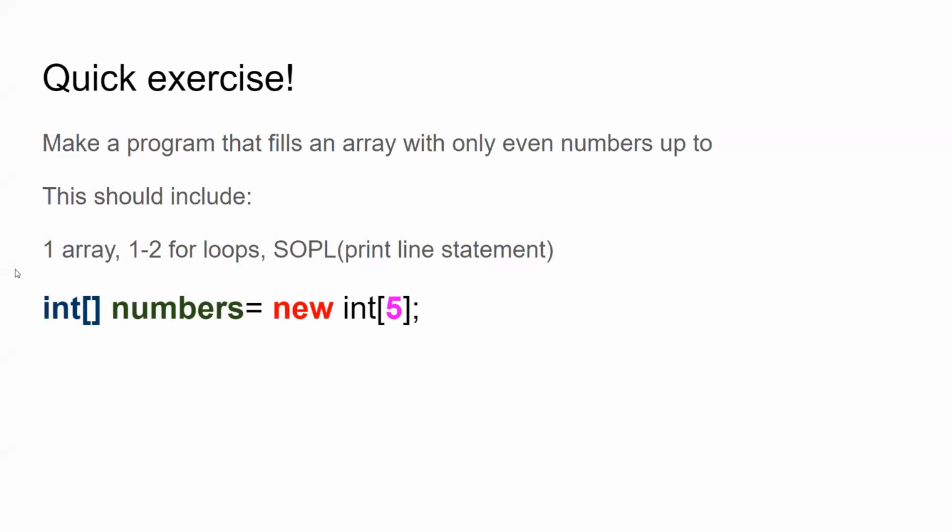Then fill it up with even numbers starting at 0. So it should be 0, 2, 4, 6, 8. Those should be the 5 numbers you have. We're looking for one array to be made, then 1 or 2 for loops, and then a System.out.println statement. It's printing everything out, so you should be using for loops to make your arrays.